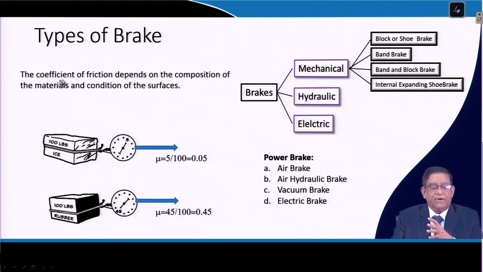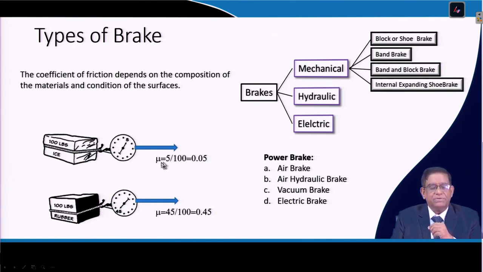So there are different types of brakes. You know that the principle of the whole braking system is friction. As you know the coefficient of friction, if you take an ice slab and pull it on a rubber pad, it moves by giving only 5 units of force.